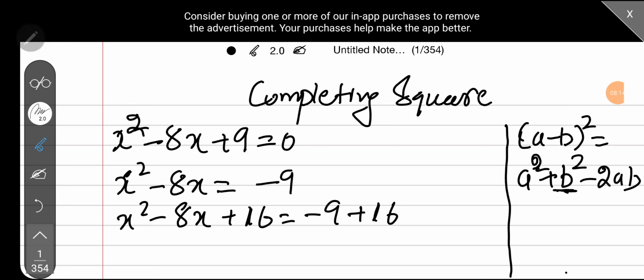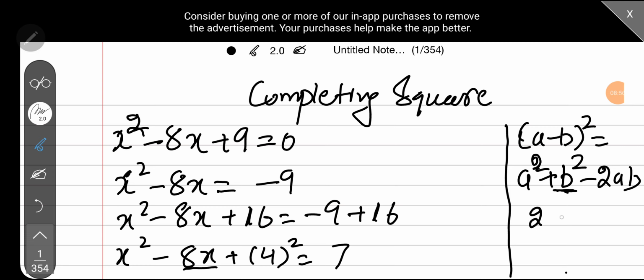If we modify this equation further like this, we will be left with 7 on this side. Now if we look into this equation, we have b square and a square, and 2 times a into b if we split this 8 like this.